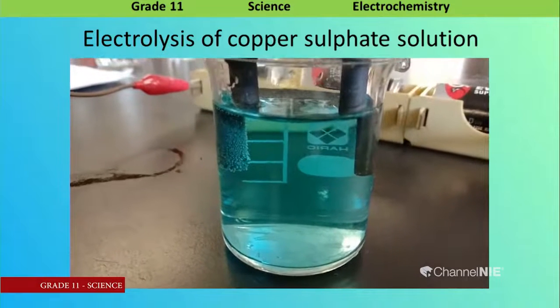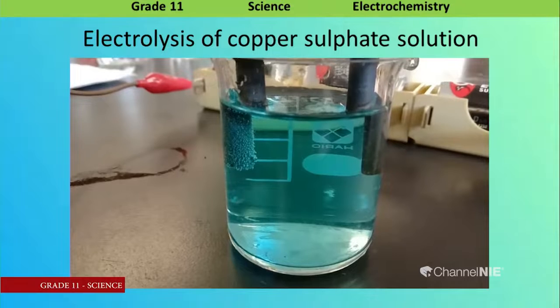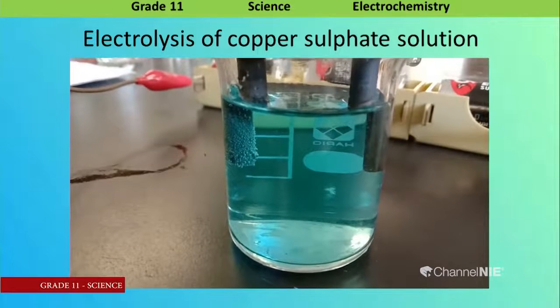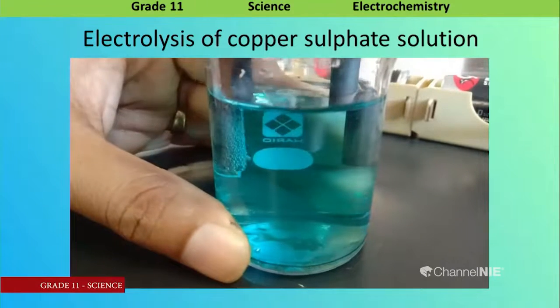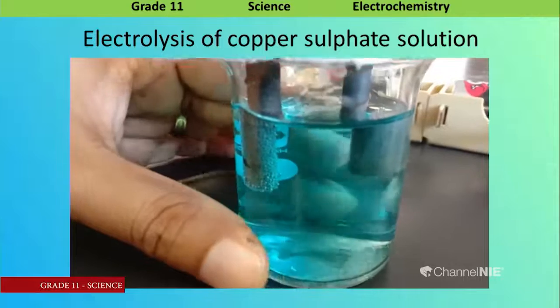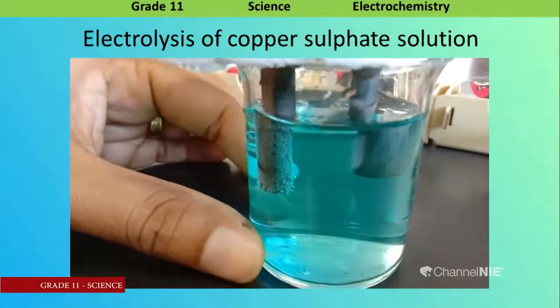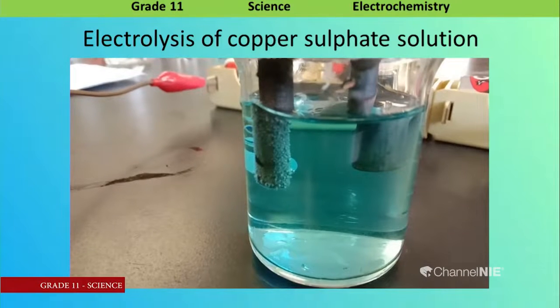released, okay? So, while these reactions are taking place, copper ions in the solution are attracted to the cathode and get plated there at the cathode by turning into copper metal.